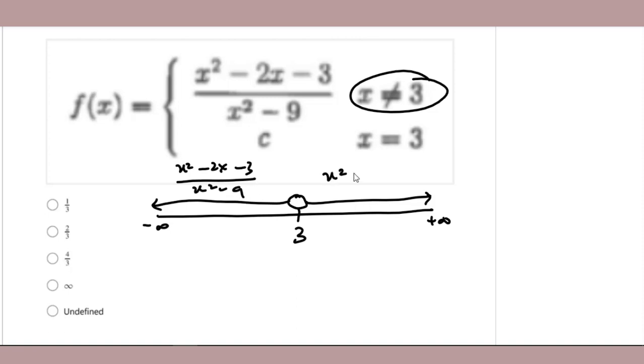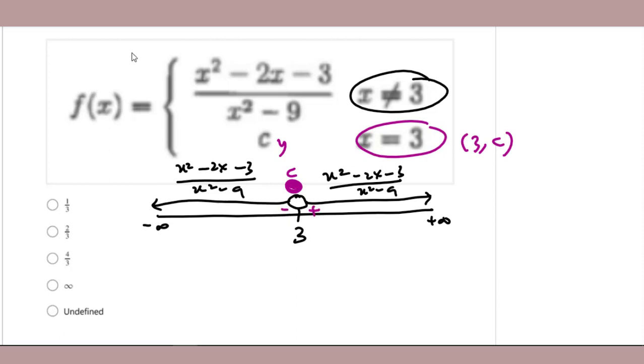Here also same function, x squared minus 9. Then, when x is equal to 3, the value is c. This is x, this is y. y is equal to c. This one is just 1 point. Then now, this is on the left and from right.